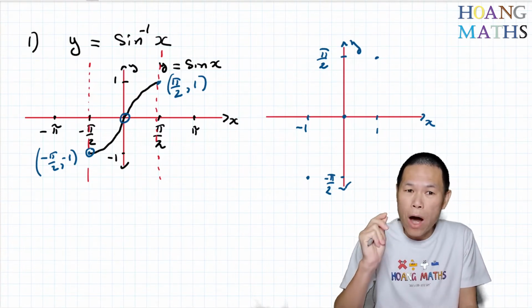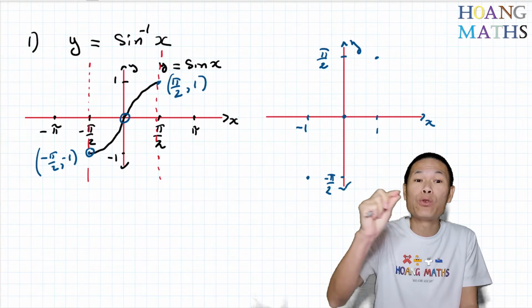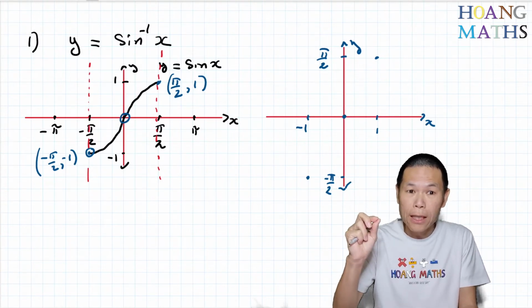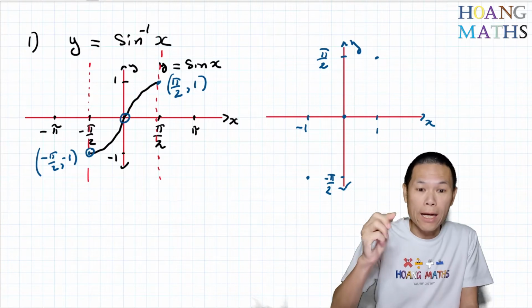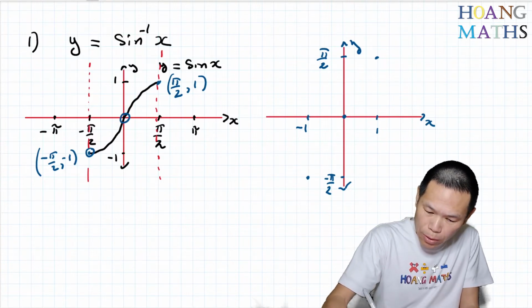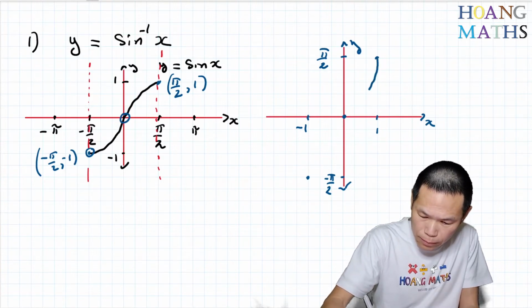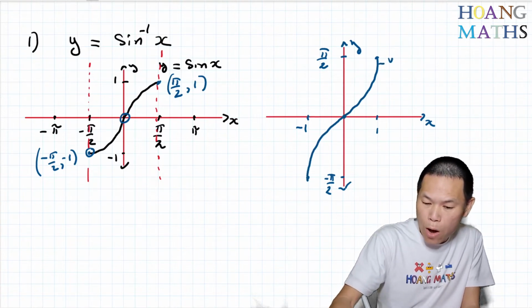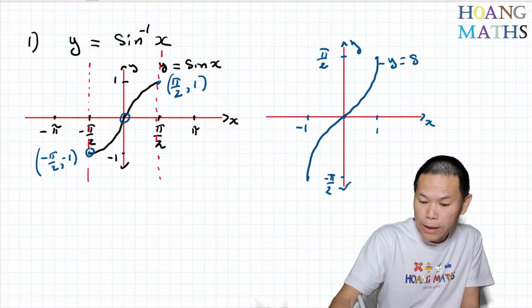But remember, for y is equal to sine x, it curves to the x-axis. So for the inverse, instead of curving to the x-axis, we curve to the y-axis. So it'd be like this. So there you go. This is y is equal to sine inverse of x.